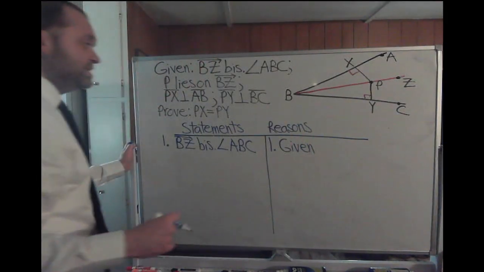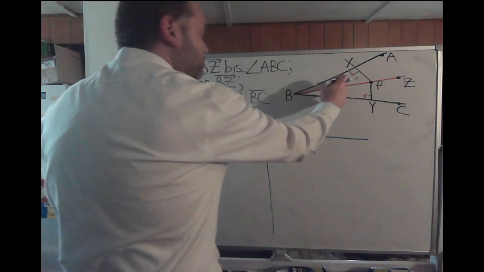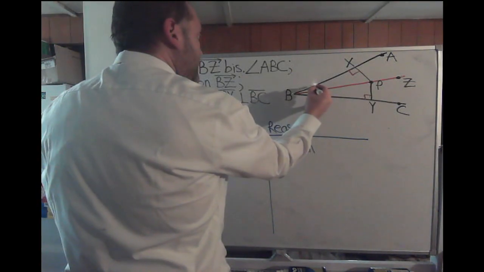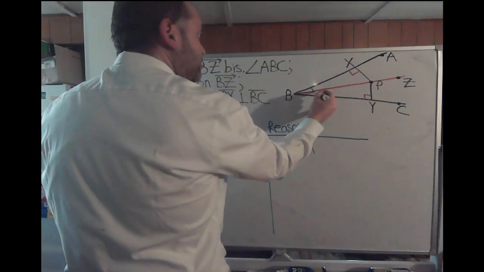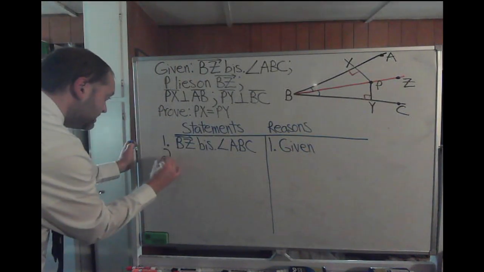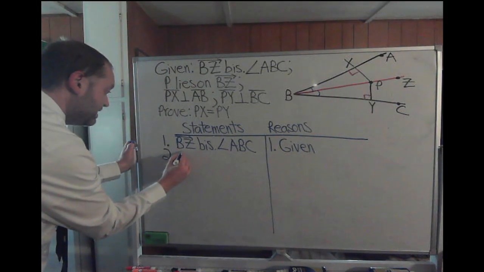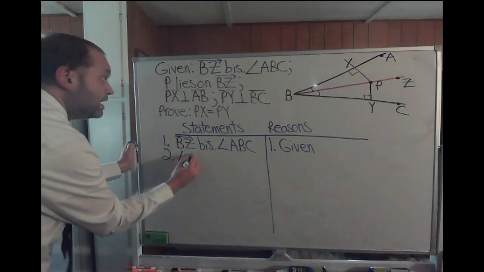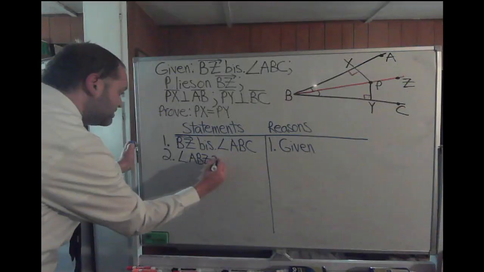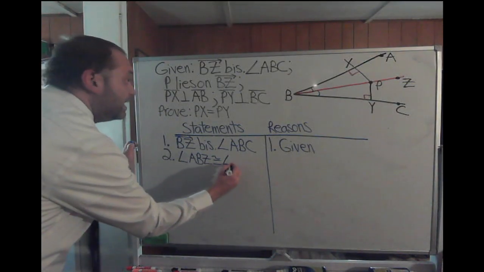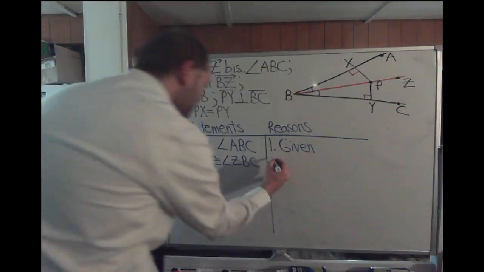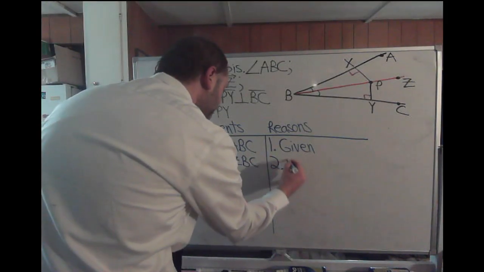What that means is if ray BZ is the angle bisector of angle ABC, then angle ABZ would have to be congruent to angle ZBC, right? That's what we would end up getting, is that angle ABZ is congruent to angle ZBC by the definition of angle bisector.